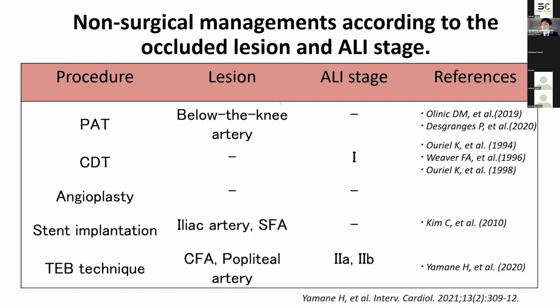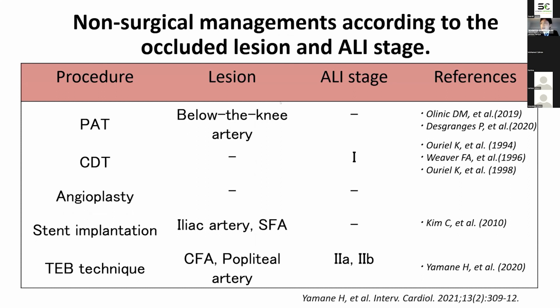This is a summarized table about non-surgical management according to the occluded lesion and ALI stage. PAT is effective for the small vessels, such as BTK arteries. CDT is recommended for the patient with stage 1 ALI.